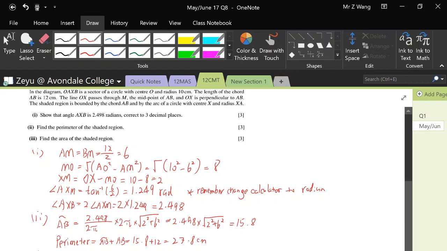If you use the formula, it's still the same, because the pi cancels out. So it's half theta r squared.